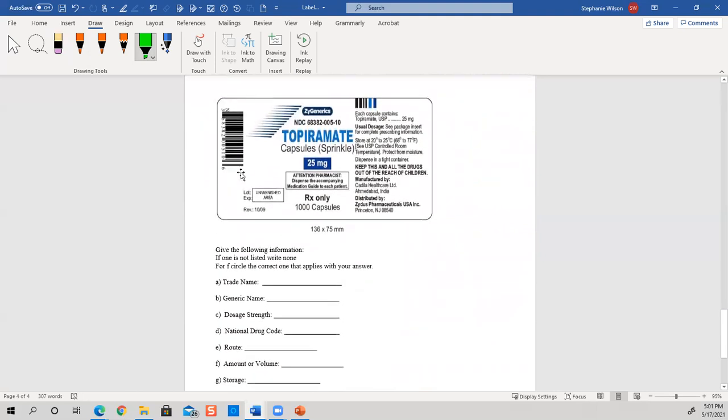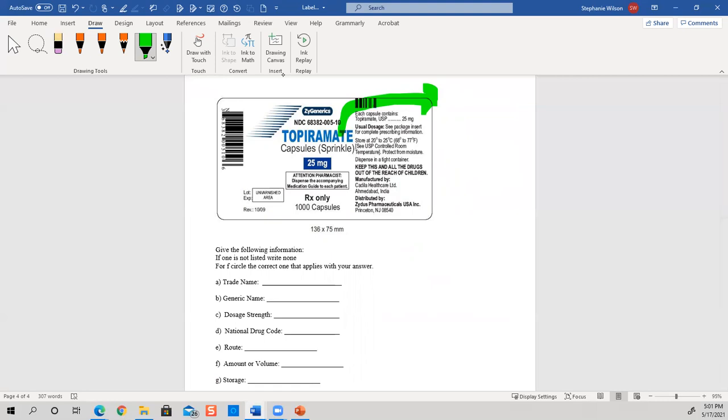So in this next example, we're going to look at it again, and we're going to determine the name of this drug. And again, I am not as hard on you about whether it's a generic or name brand, but more that you are able to determine what the doctor ordered versus what is given to you at the pharmacy.